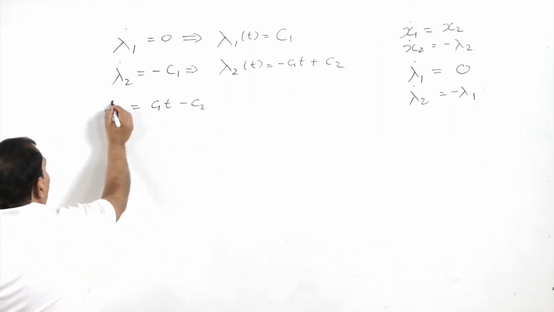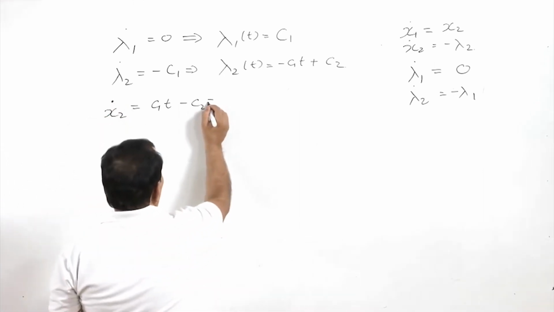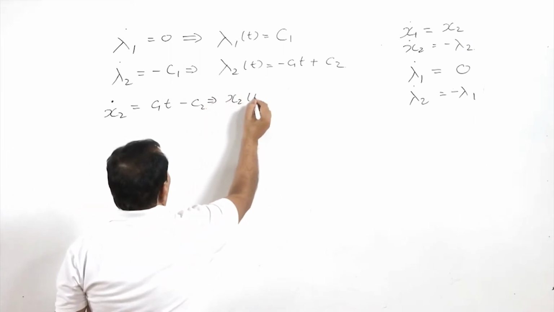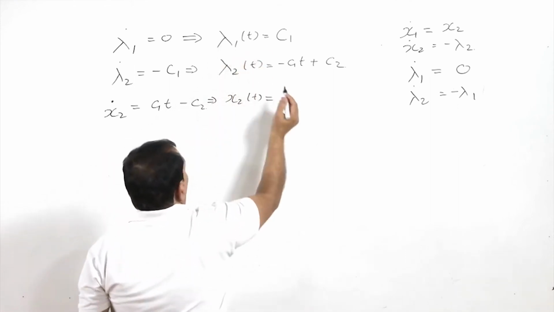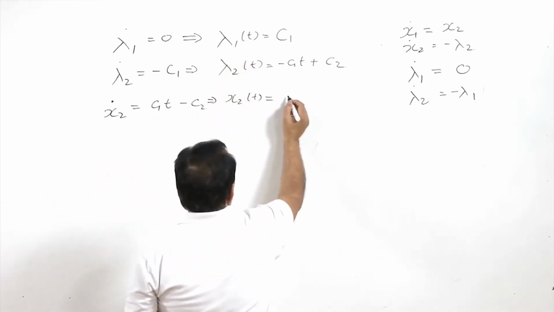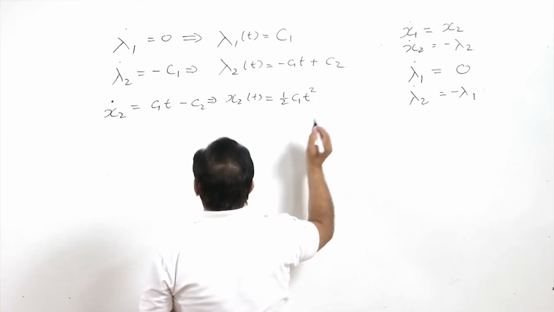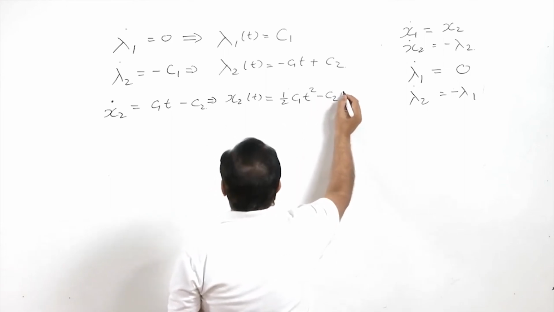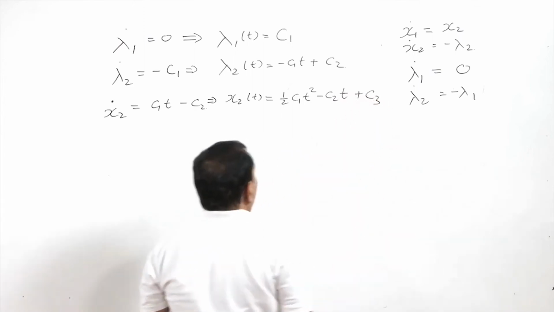If I simplify this, I get x2 t as 1 by 2 C1 t square minus C2 t plus C3.